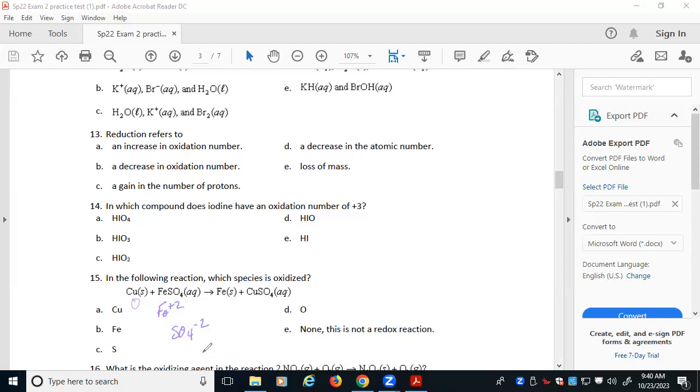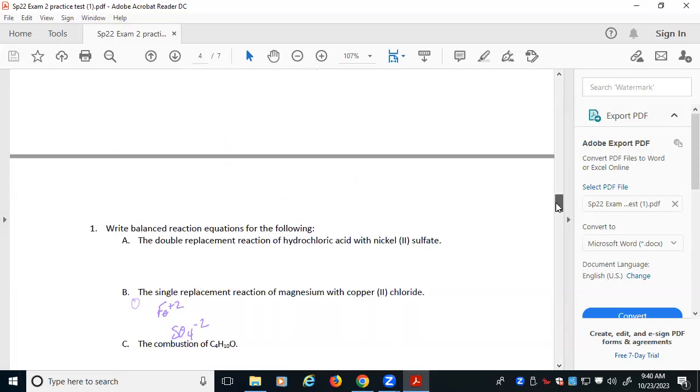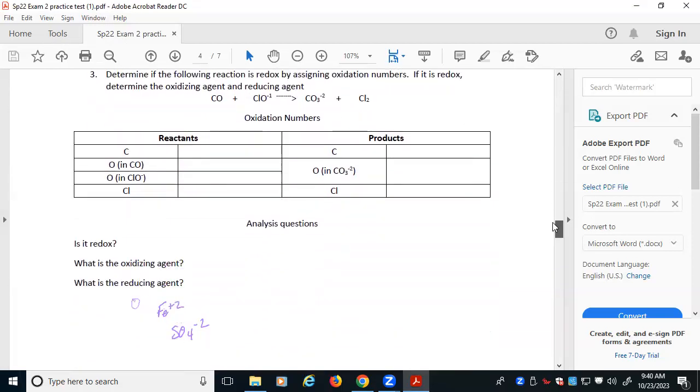I was talking about question 3. Okay, so going back to the one we looked at a minute ago, again, it comes down to the oxidation numbers. Remember, we looked at this and said this is +2, this is +4, this is +1, this is 0.